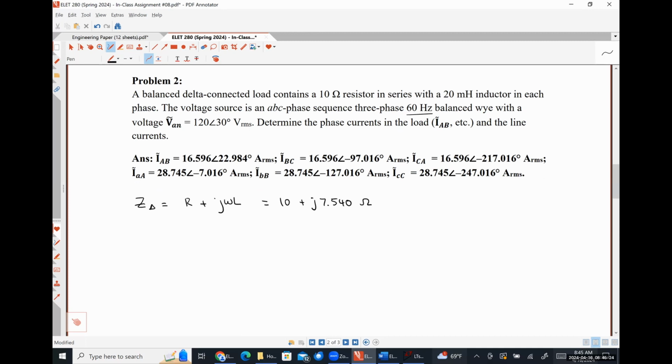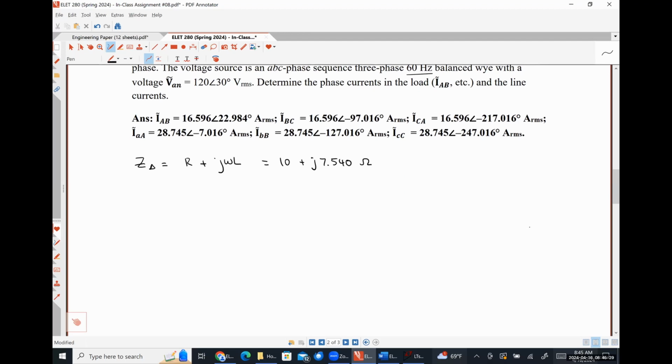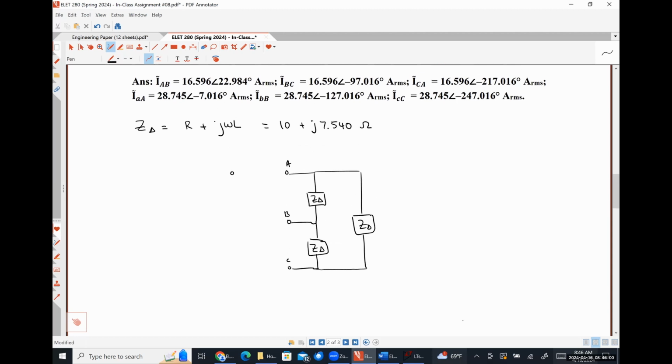All righty. So now let's draw a picture of what we have. So we're told that we have a balanced delta connected load. So there's our balanced delta connected load.